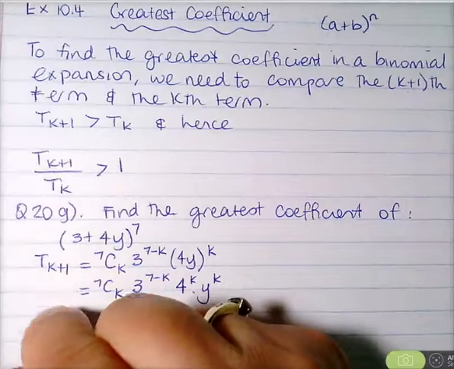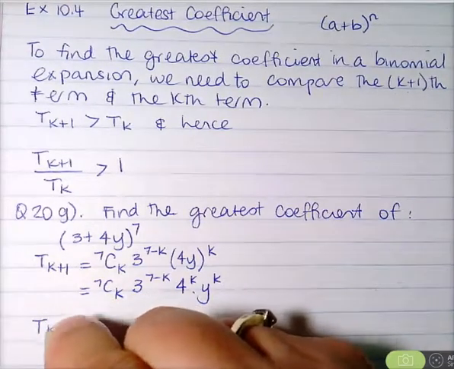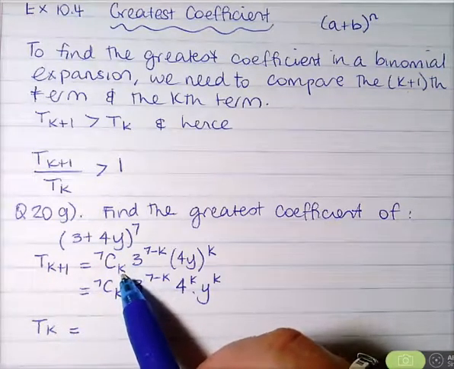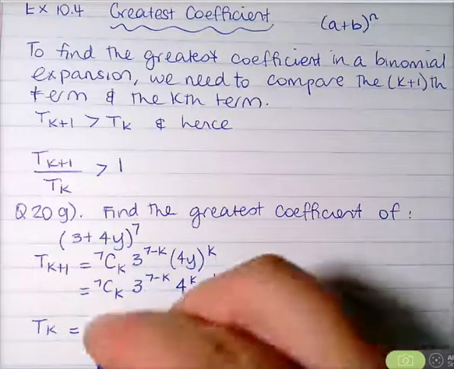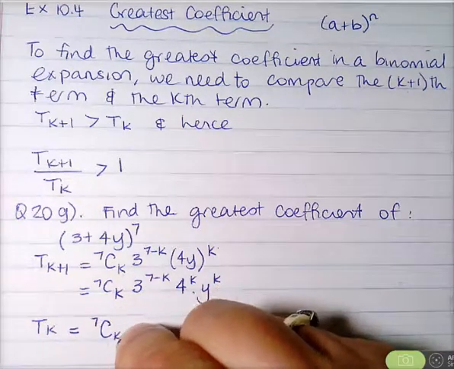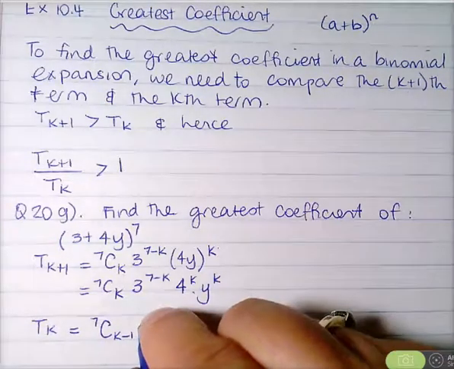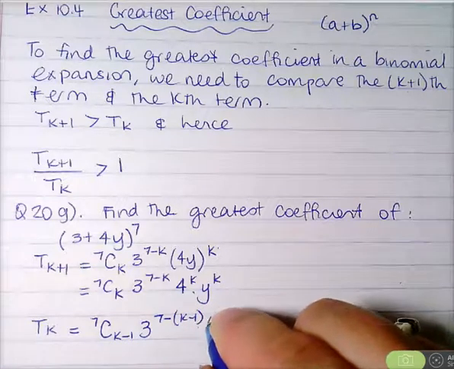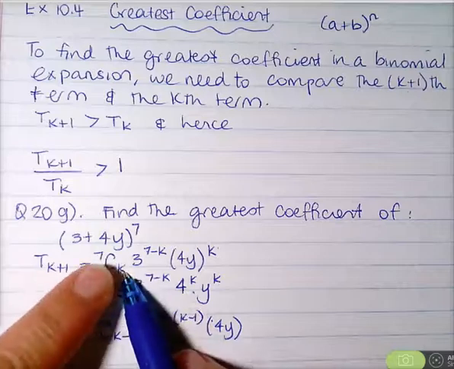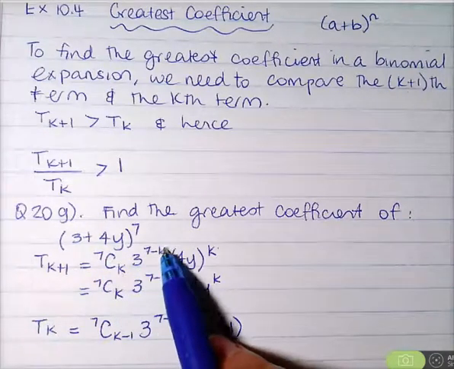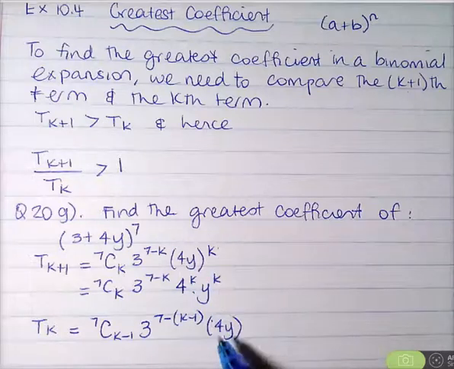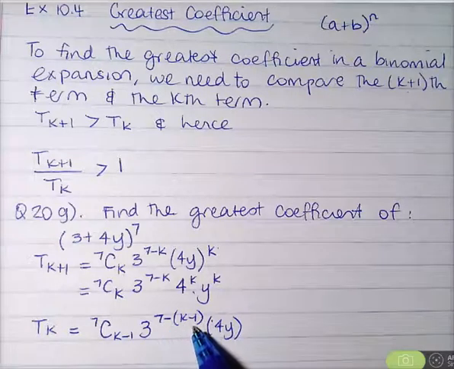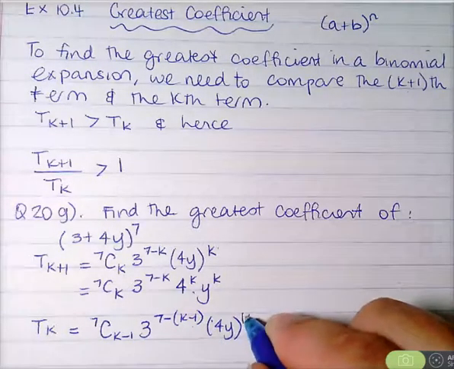Now I'm going to look at the kth term. Now notice that this k plus 1 is 1 higher than this k here, and this k is the same power as that. So the kth term will be 7C(k minus 1), then it will be 3 to the power of 7 minus (k minus 1) times (4y) to the power of k minus 1.